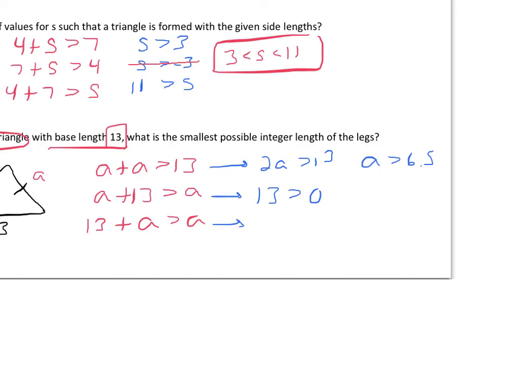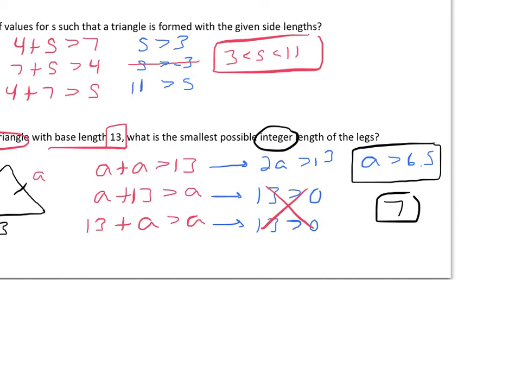The next one is the same thing, with no variable. So those are out. So A must be greater than 6.5. The smallest possible integer length would be 7. Again, 7, because they want an integer, so no decimals. And this ends Lesson 7.1, Triangle Inequality Theorem Review.